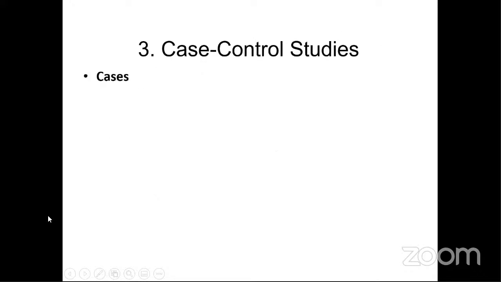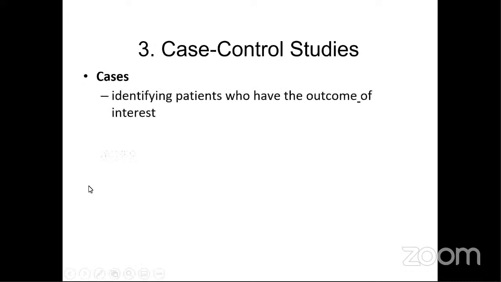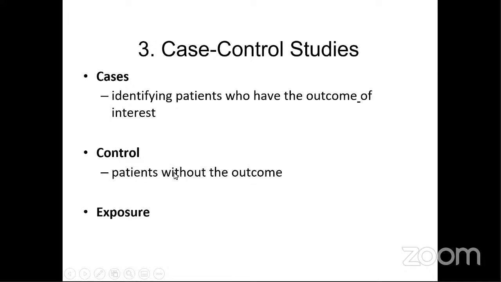Okay. Case control. So there are cases, you have identified patients who have the outcome. You have your control, patients without the outcome, and exposure. So certain factors and characteristics. So for example, your COVID vaccination would be a good example of your case control.